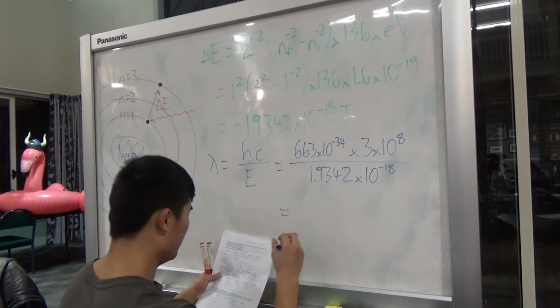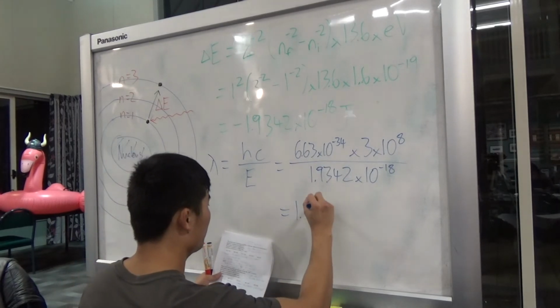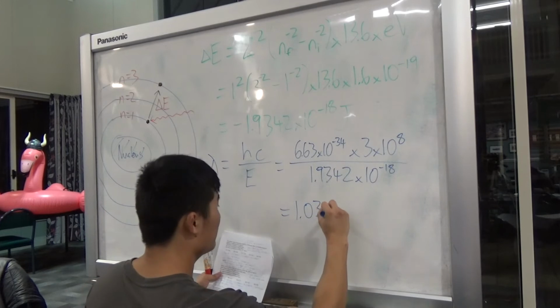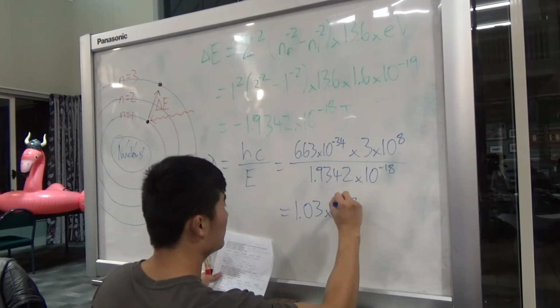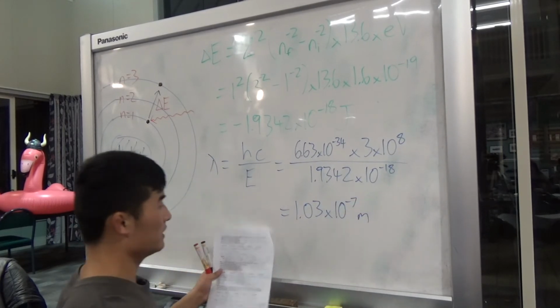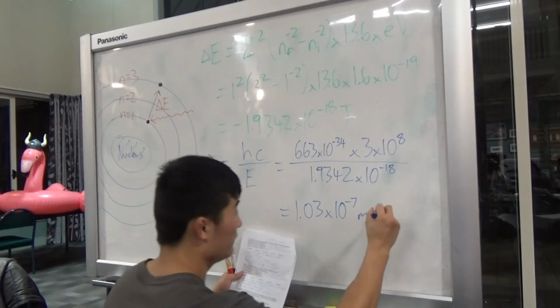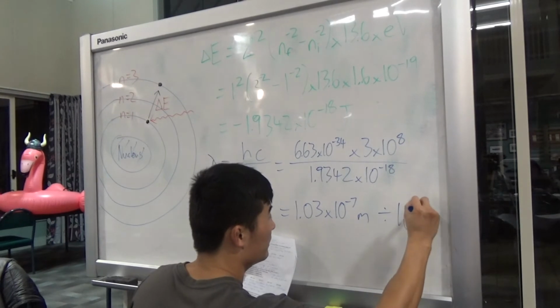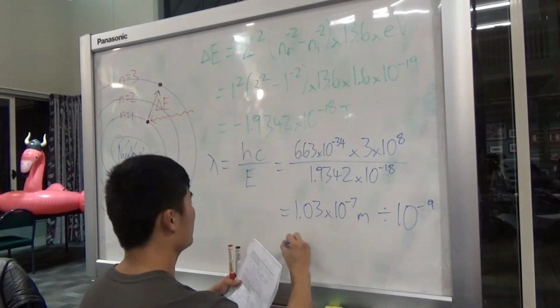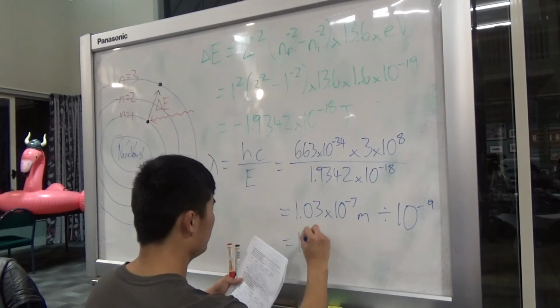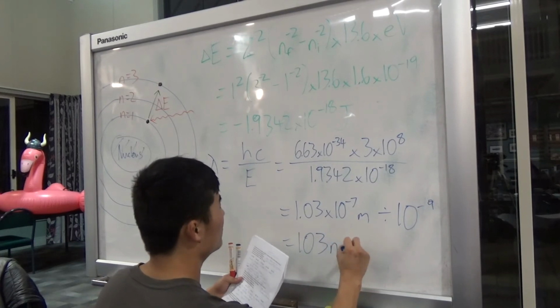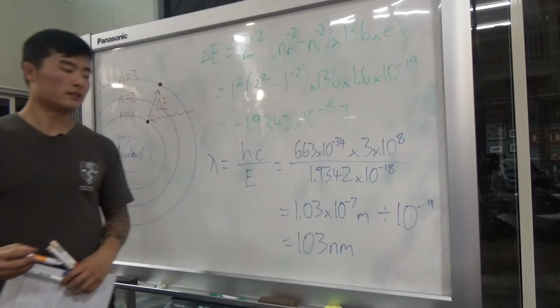And that's going to be 1.03 times 10 to the -7, and that will be in meters. Okay, and you want to turn that into nanometers, so divide that by 10 to the -9, and that will give you 103 nanometers.